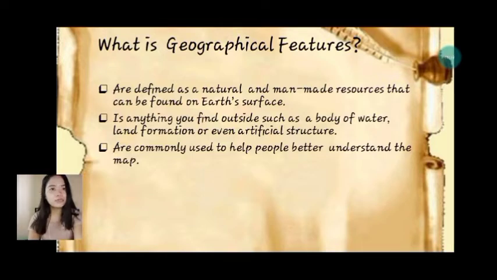It is anything you find outside, such as a body of water, land formation, or even an artificial structure. Next, they are commonly used to help people better understand the map. So, as we can see on the map, there are different landforms and water forms.